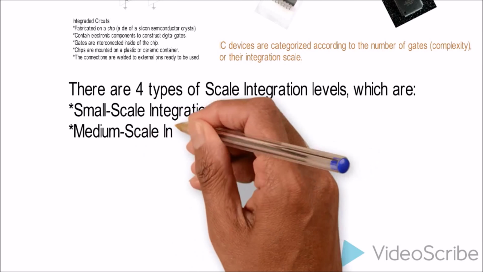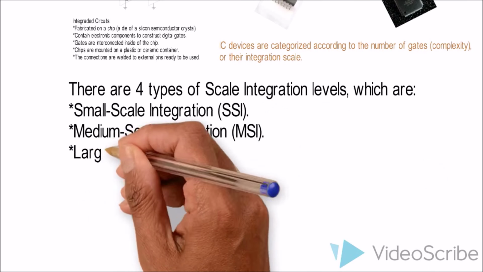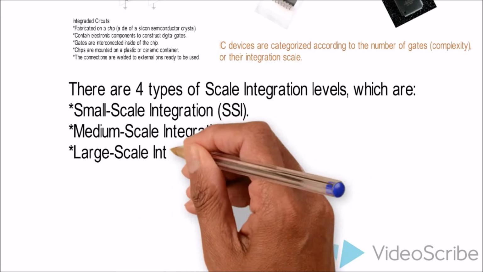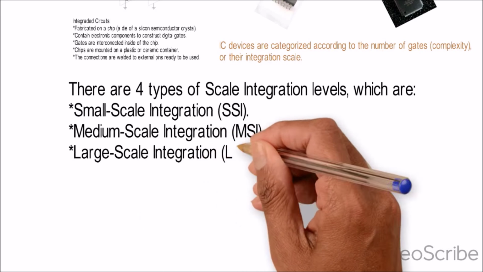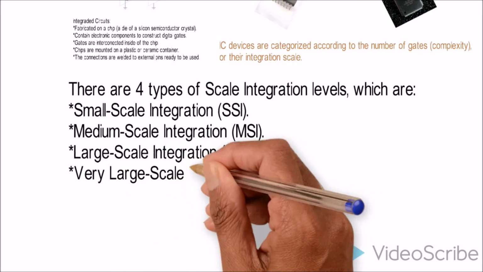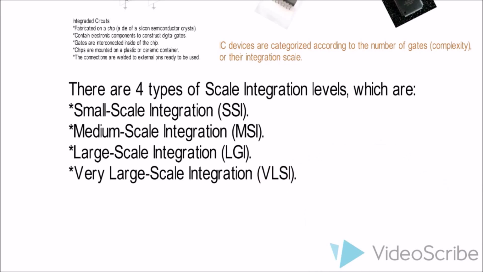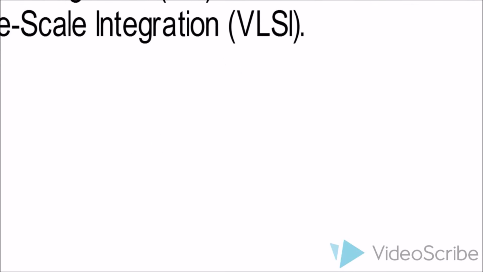This one has less than 10 gates inside of them. The medium scale integration, or MSI, has from 10 to 1,000 gates inside of them. The large scale integration has several thousand gates. The very large scale integration, or VLSI, has several thousand, even a million gates.